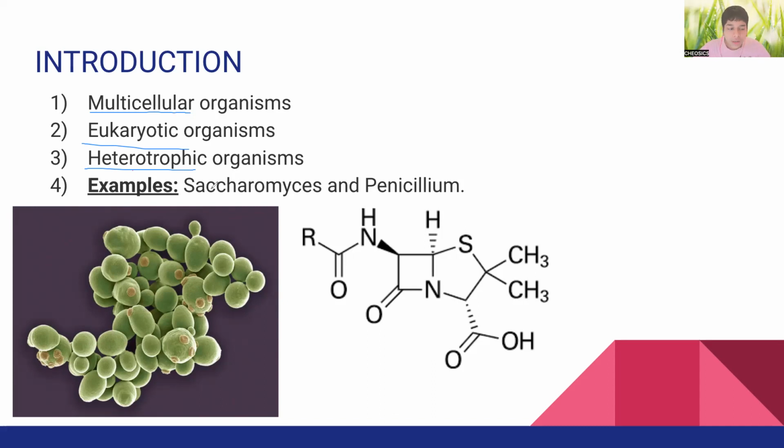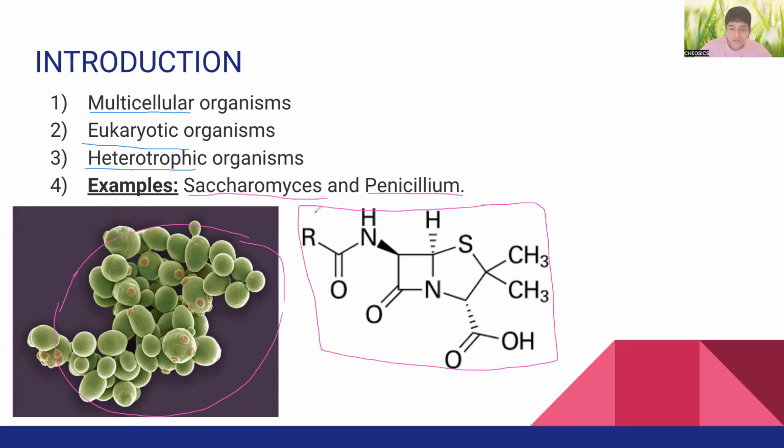So the most common examples of the fungi kingdom are Saccharomyces and Penicillium. Saccharomyces is the scientific term for yeast, and Penicillium is penicillin. This is how yeast looks under a microscope. And this is penicillin's chemical structure.